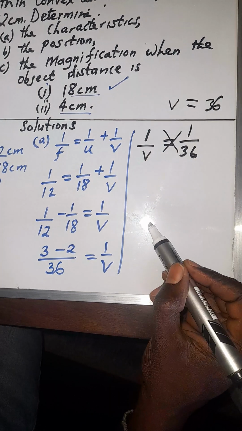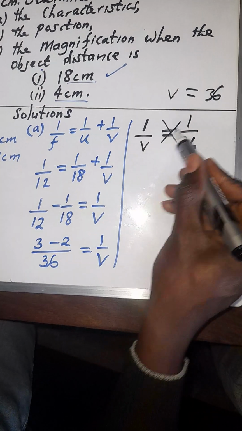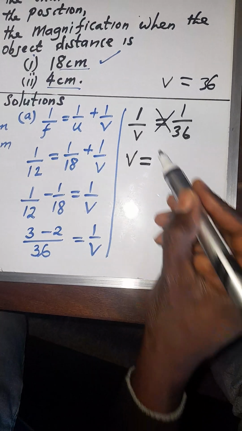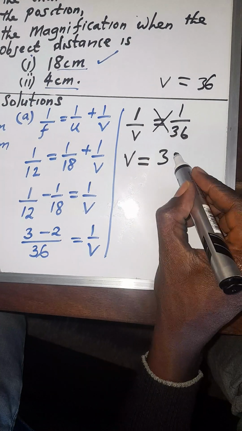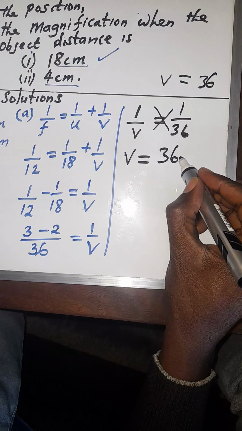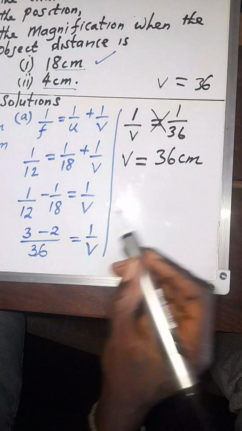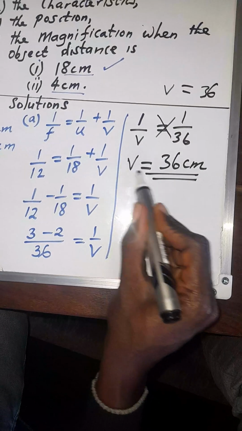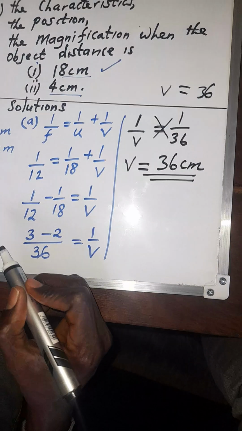But let's do the normal one: we cross multiply. v times 1 gives v, equal to 1 times 36, which is 36 centimeters. So the image distance from the lens is 36 centimeters.